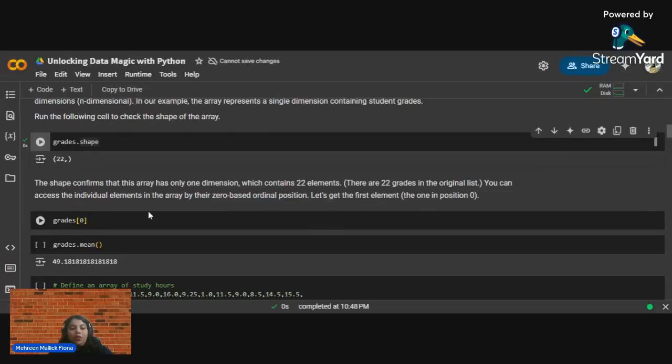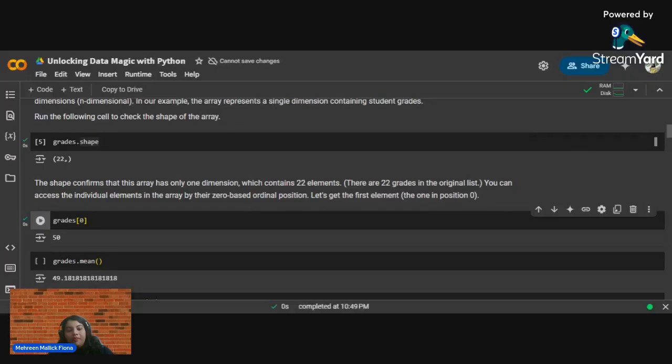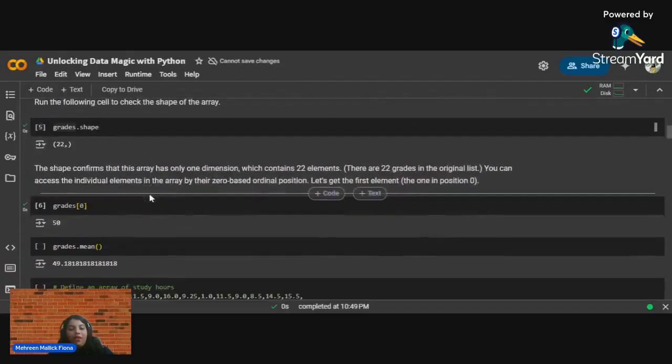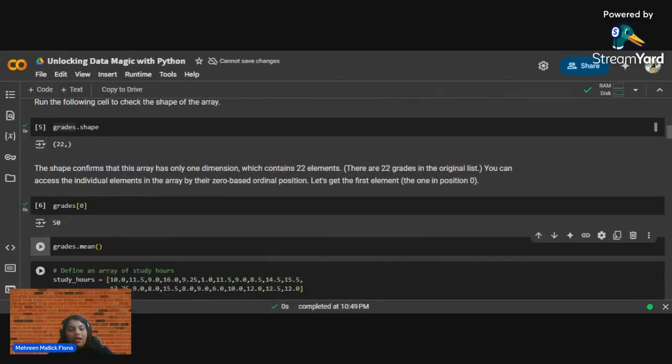We have confirmed that it is one dimensional with 22 elements. Now we can see the value of the zeroth item, which was 50. The very first value was 50, which verifies our findings.